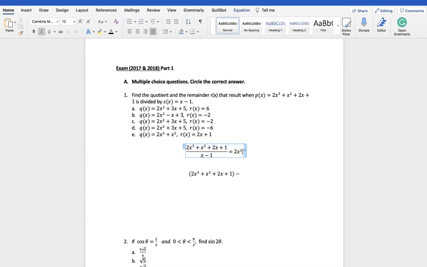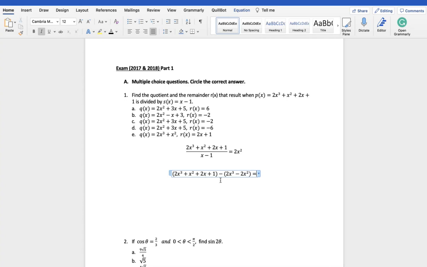And then when you multiply that back with the x minus 1, you have 2x cubed minus 2x squared. And this is equal to what?